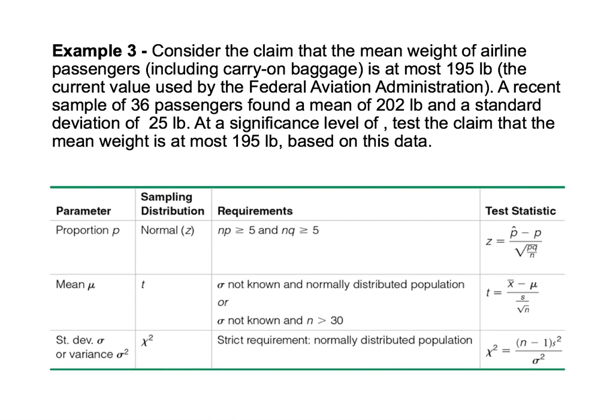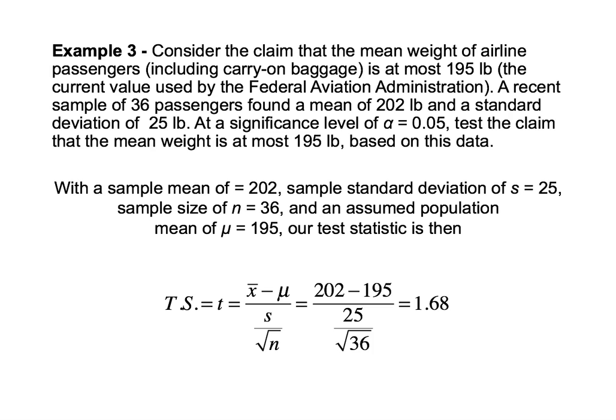Now we need to calculate our test statistic, and it's done with this formula here, which I showed on the last page that had the table that I just showed you. And so our sample mean is 202, and so that's what this is, sample mean. It goes right here.